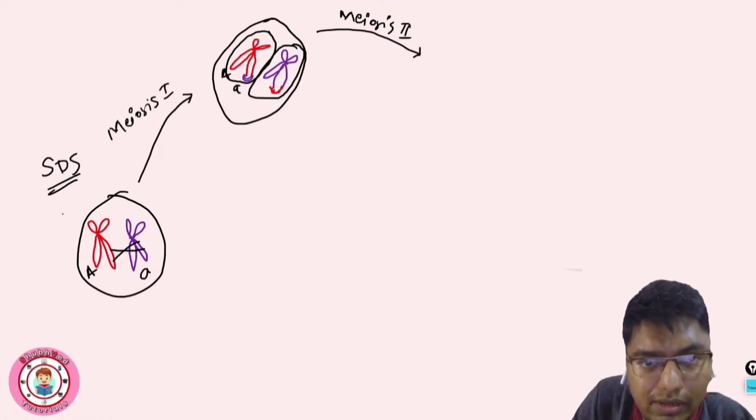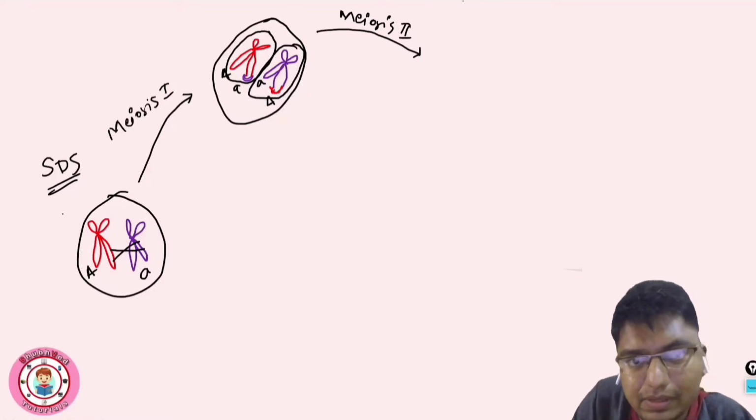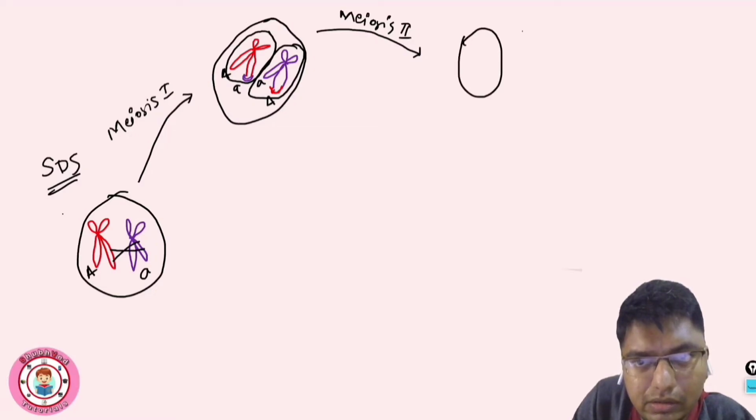This is small a, and this capital A here, right? So after this, what will happen is that there will be 4. I will draw till tetrad here, 1 2, 3 4.